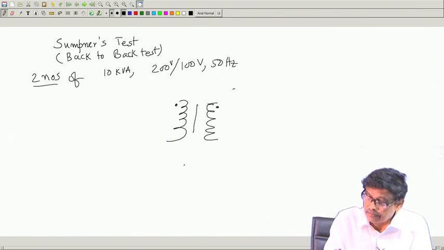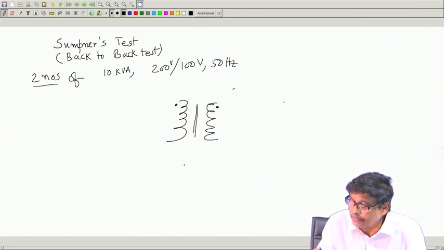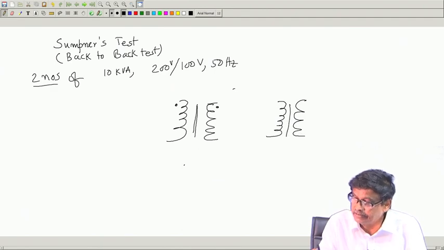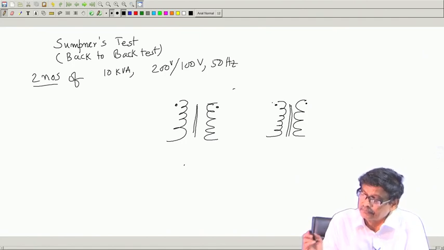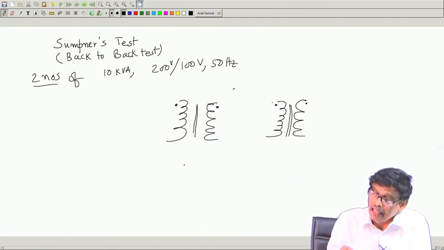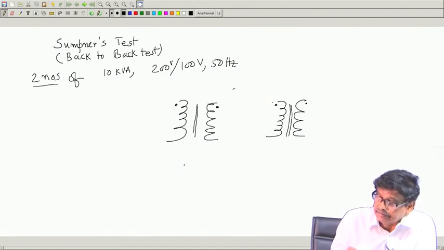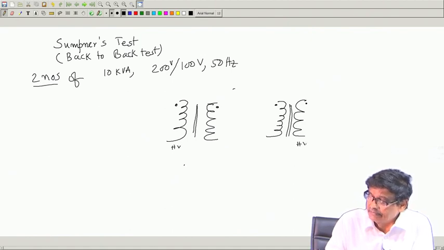This is one practical transformer, and you take the other transformer, which I have drawn here, its core. And here also suppose these two are dots. Now, for the connection, suppose these are the HV side.